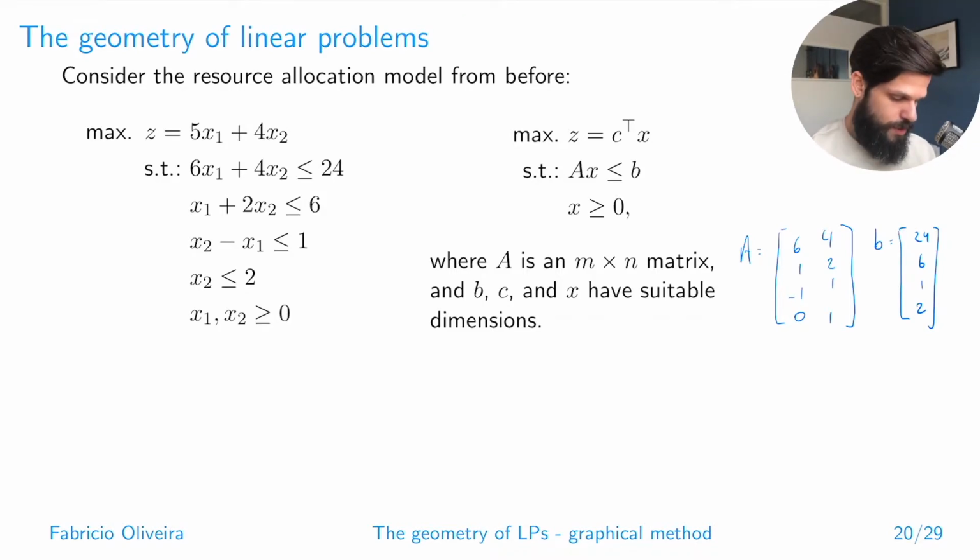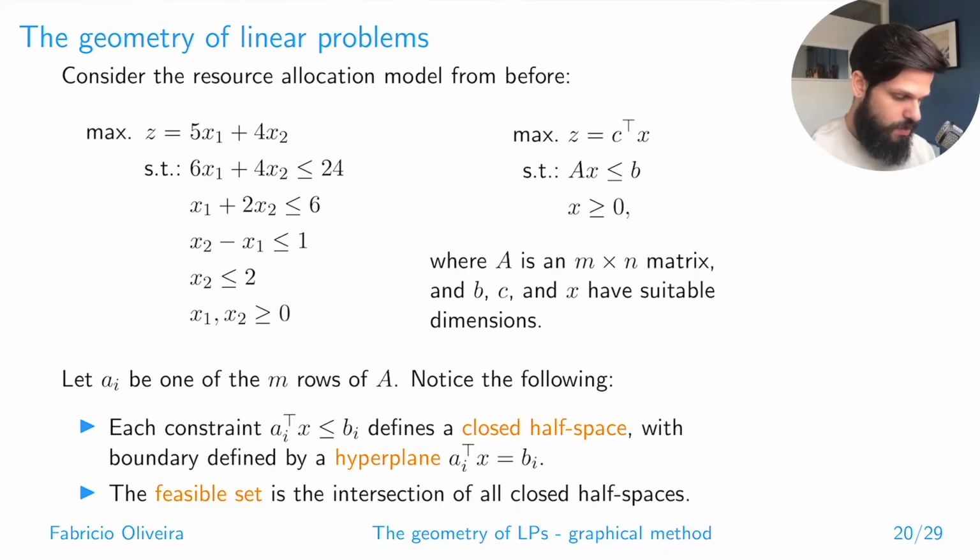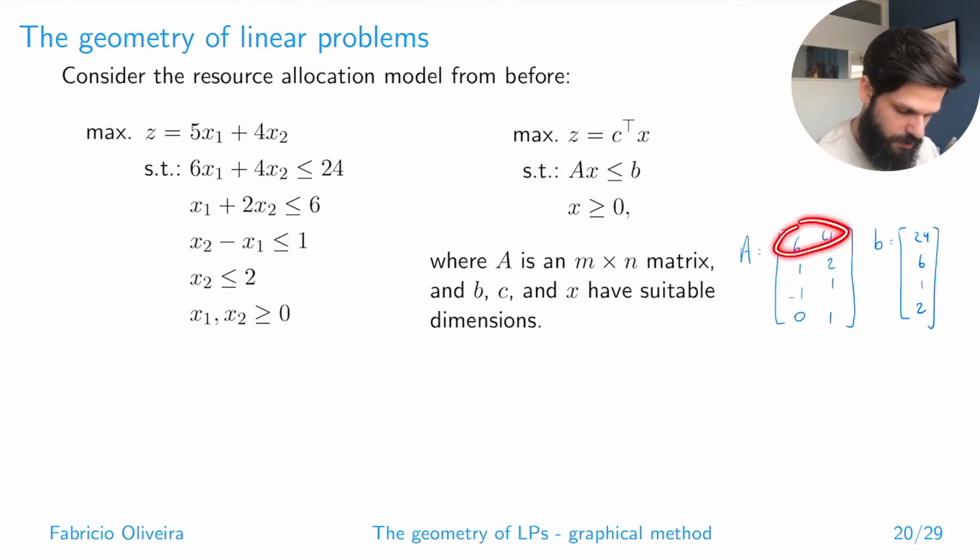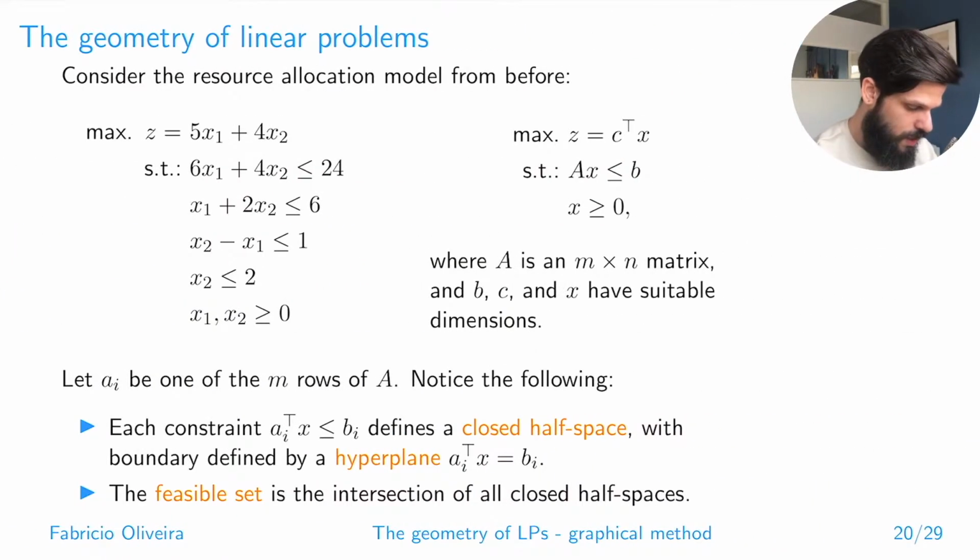All right, so one thing to notice is that if you think of the rows of your matrix A, each of these constraints is defined by one row that forms one inequality, like so. For example, if I go back to my matrix A, the first line has 6 and 4, and that first line forms exactly this constraint.